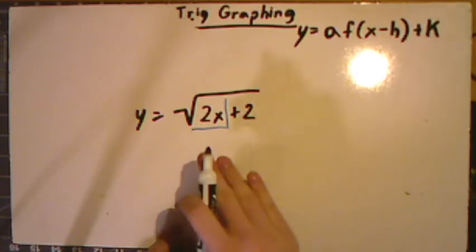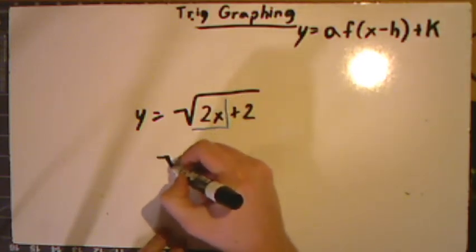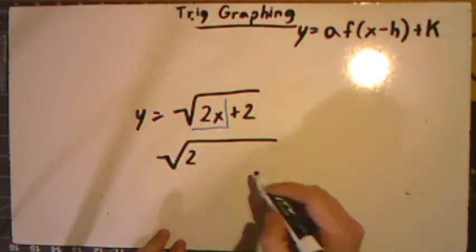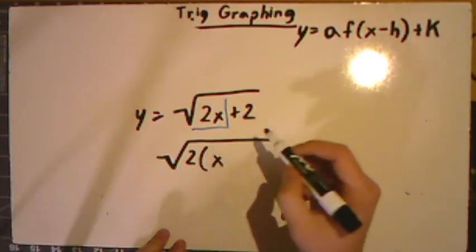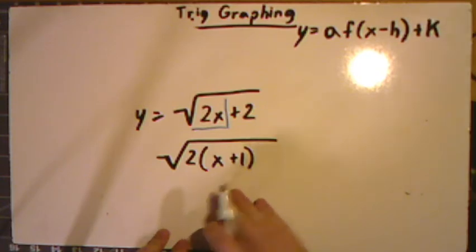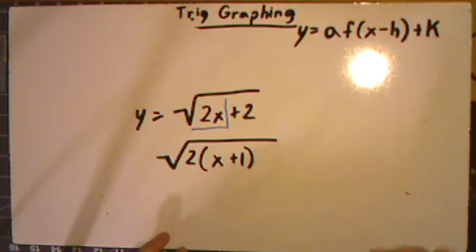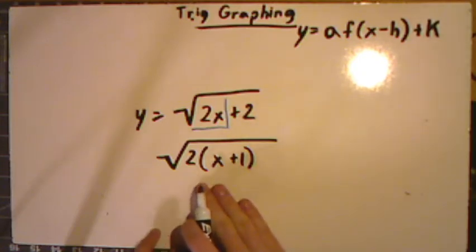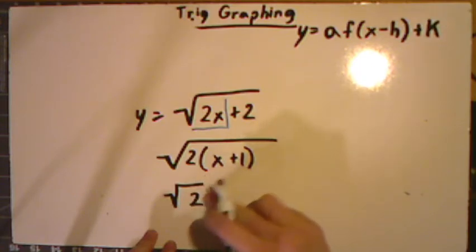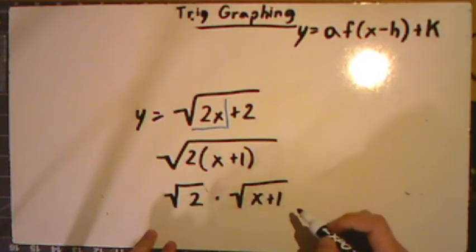See, in this case, it's somewhat obvious that within this square root, we have a common factor between the 2x and the 2, and so we could set it aside like this, where so far it is still the exact same function. We just separated out the 2. And the way that square roots work is that anything being multiplied, you could separate out the square roots to be separate.